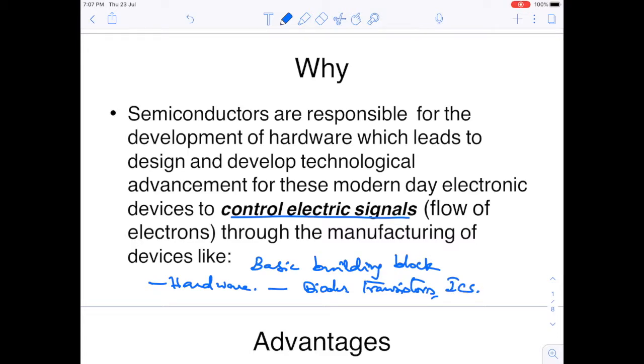Semiconductors are important because they control the electric signals.